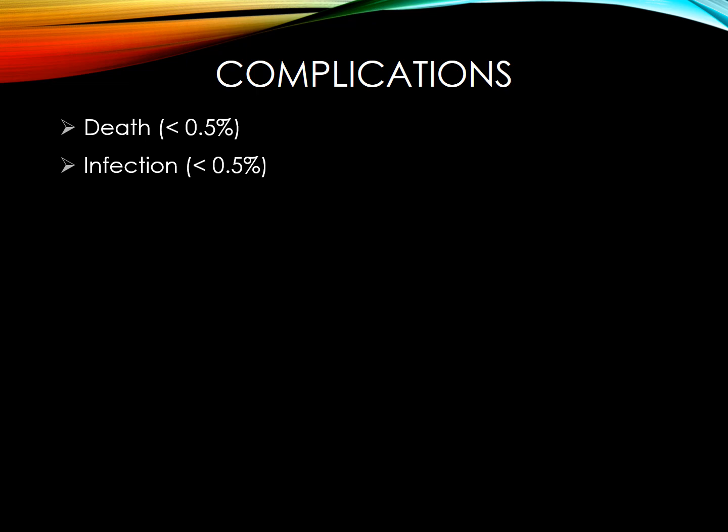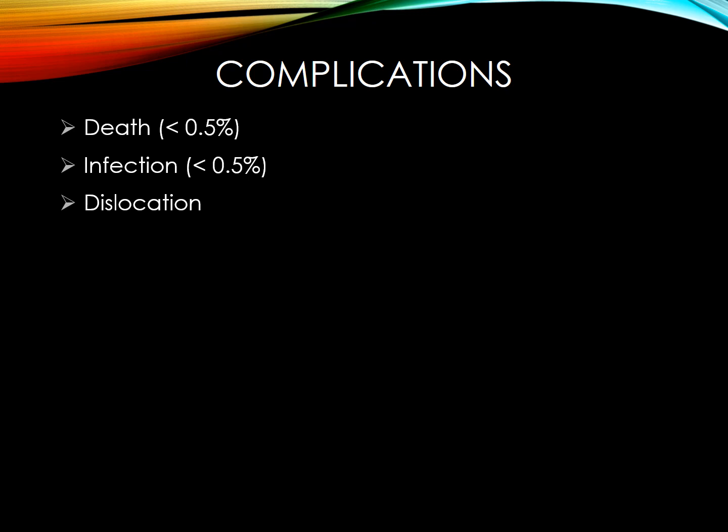a further complex operation. Dislocation of the hip replacement can occur early and it can occur late, and then it's just a question of reducing it under a general anaesthetic, and then trying to work out why that's happened. Sometimes it can happen early on because the muscles are just a bit weak, but sometimes it can happen because the acetabulum or the prosthesis has been put in a rotated position, in a wrong position.